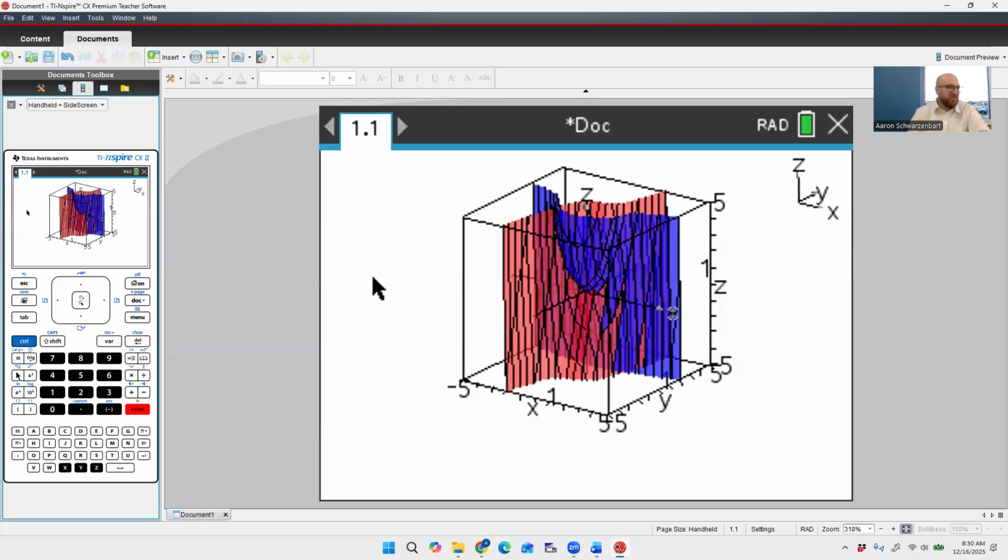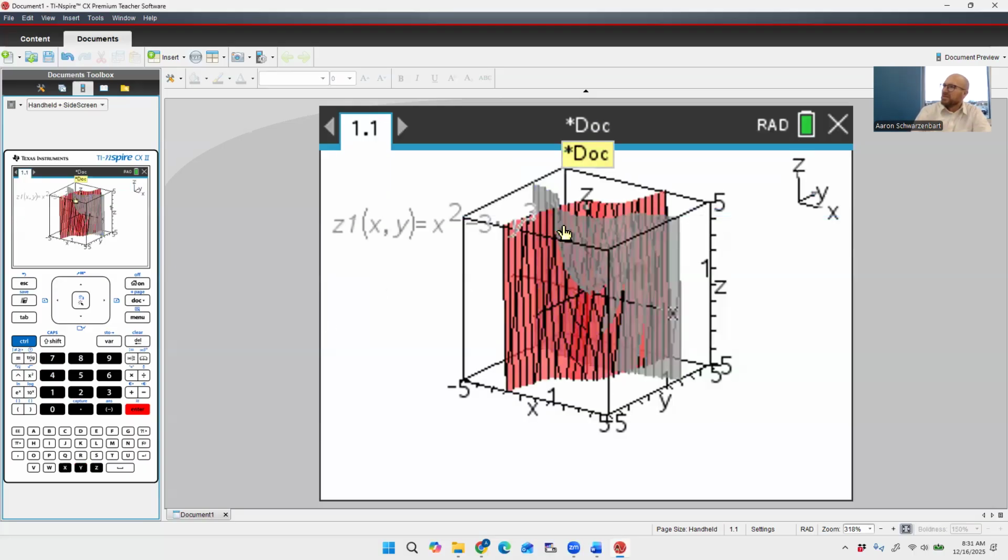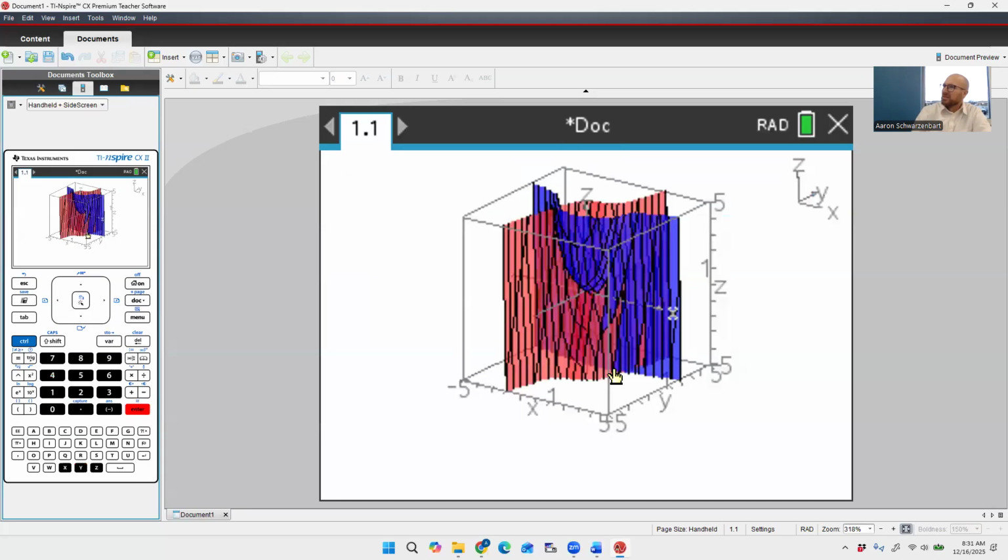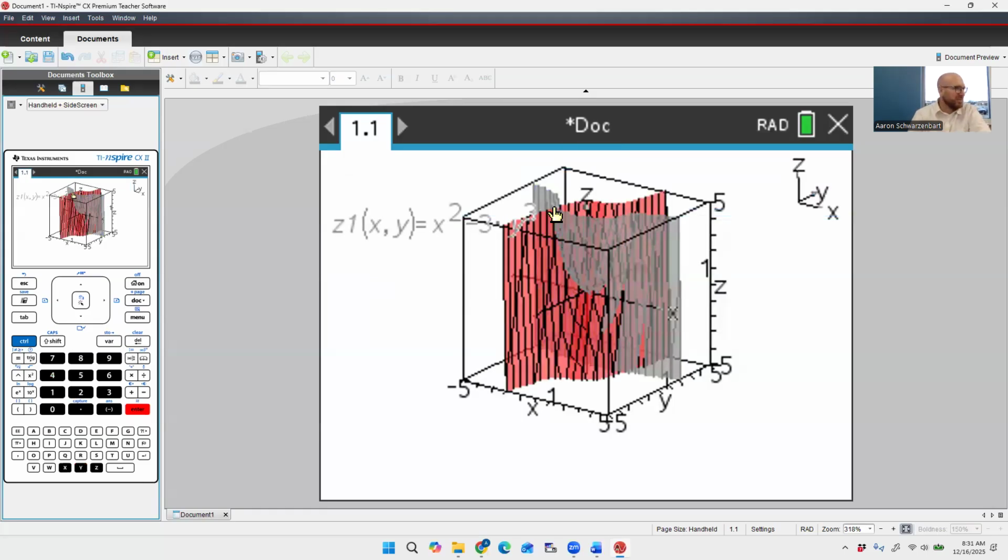When we graph these, we graph planes generally. The intersection of two planes would be a line, but we graph kind of wavy plane type things.